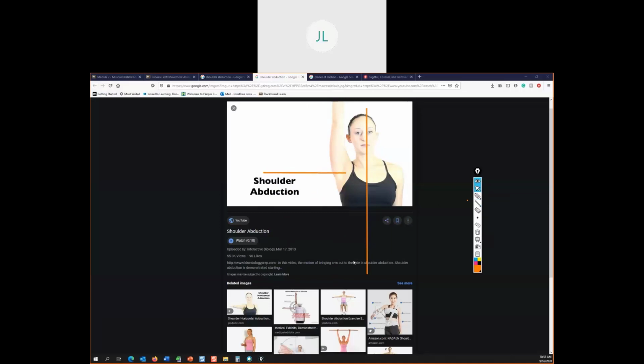If I'm moving my limb away from midline, what joint action is that? That's abduction, that's taking away. And then if I bring my arm back down, that's adduction because it is moving towards midline, right? So there should be no confusion on that.